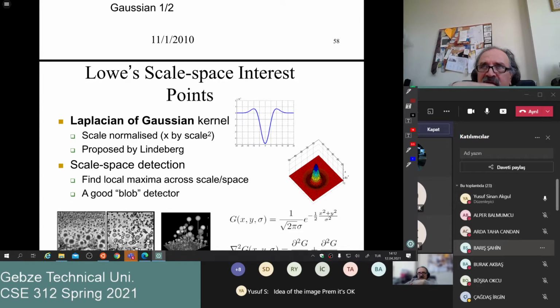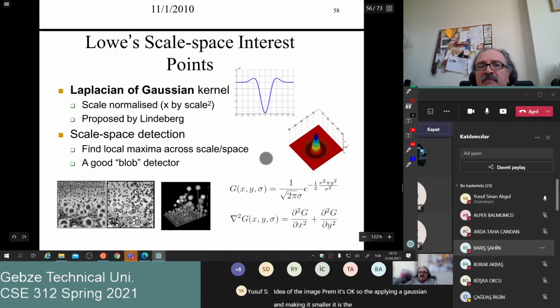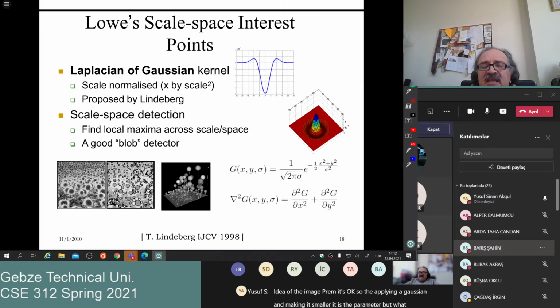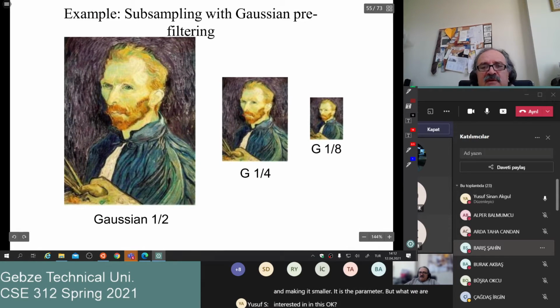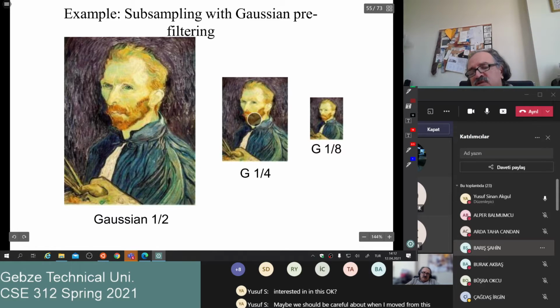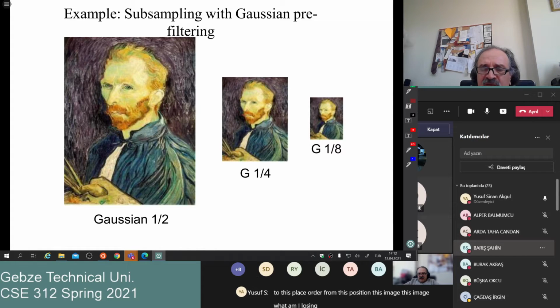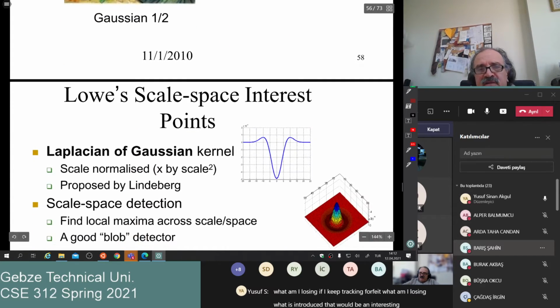So applying a Gaussian and making it smaller is the image pyramid. But what we are interested in, maybe we should be careful about, is when I move from this image to this image, what am I losing? If I keep track of it, what is introduced? That would be an interesting point.